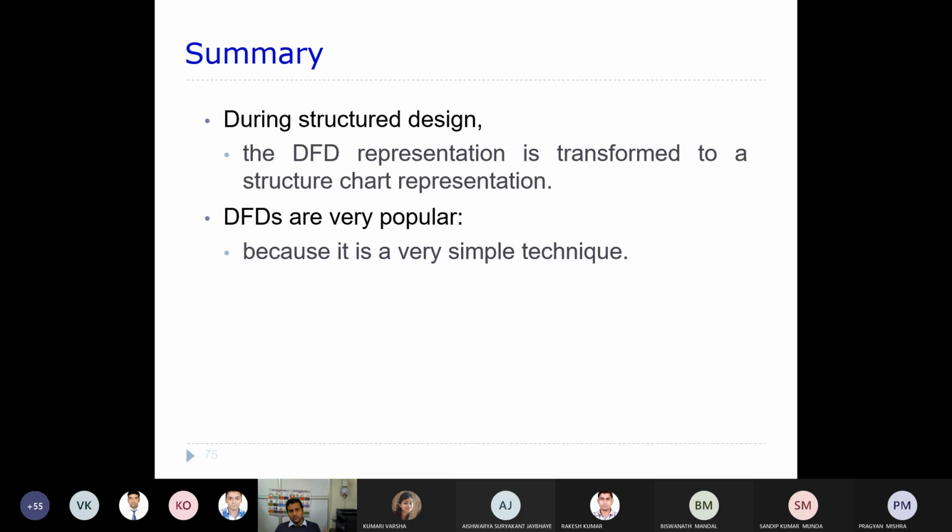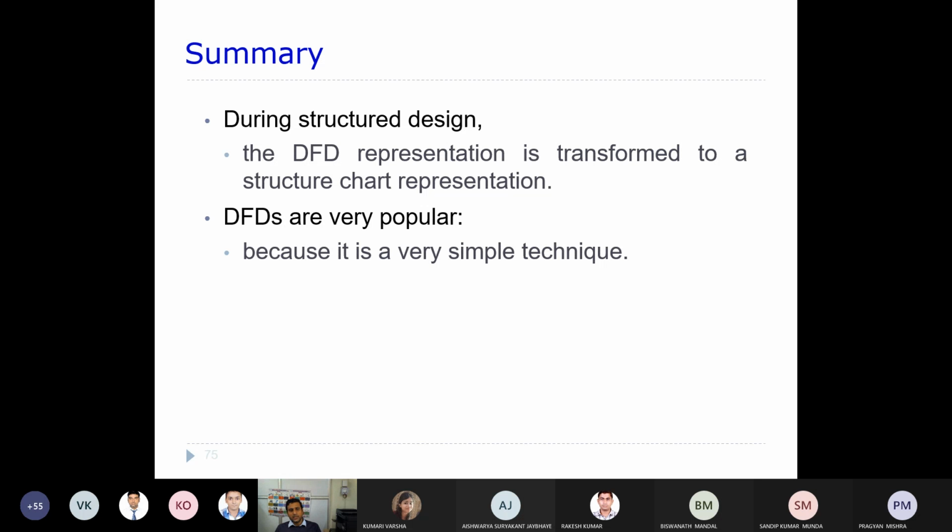DFDs are very popular because it is a very elegant and simple technique. The customers or users can easily understand it, because it uses a very consistent vocabulary and tries to avoid all computer jargon.